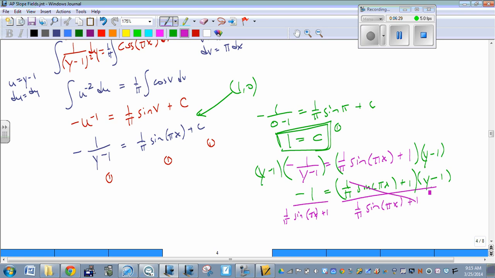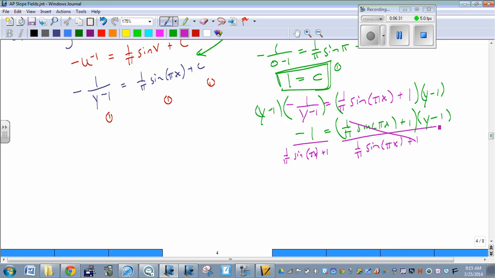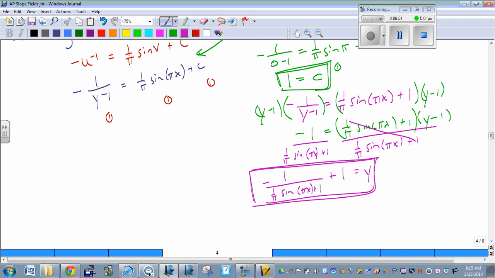And that's just going to leave us with y minus 1 on this side. So to get y by itself, I'm just going to add 1 to the other side. And that's our equation.